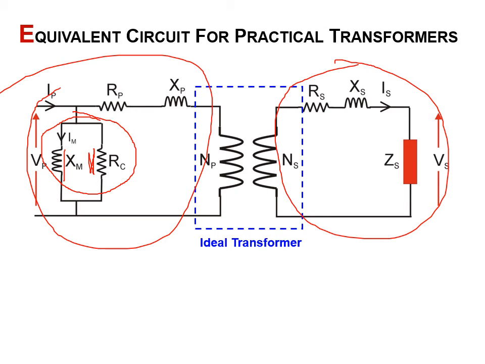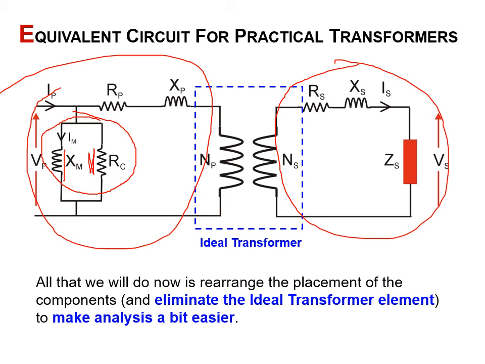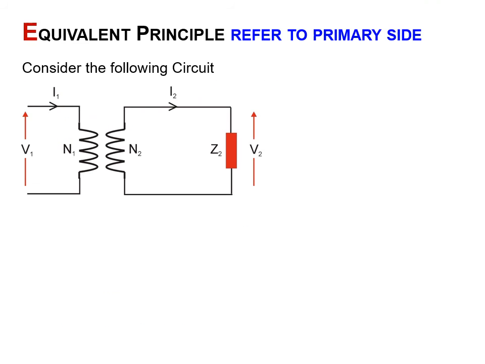This circuit still has an ideal transformer connecting the primary and secondary sides. What we want to do is eliminate that ideal transformer, which makes the analysis a little easier in practice. We do that by doing something called referring to the primary side.